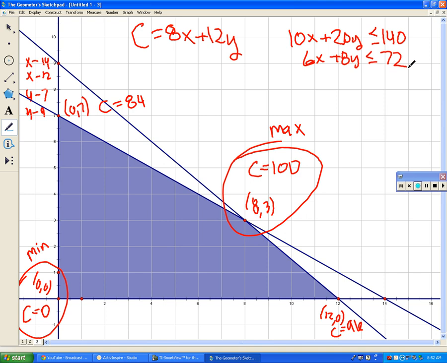You've got 3 ways to do it. You could go matrices: the matrix 10, 20, 6, 8 inverse times 140, 72. Elimination isn't really set up very well here, but you could do it that way and it would work out.